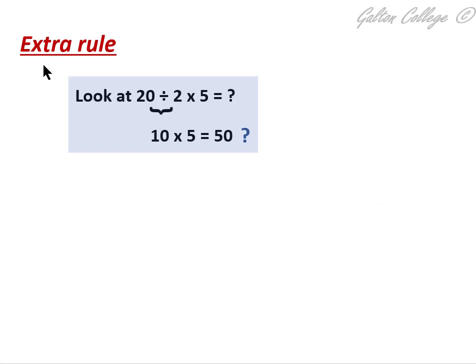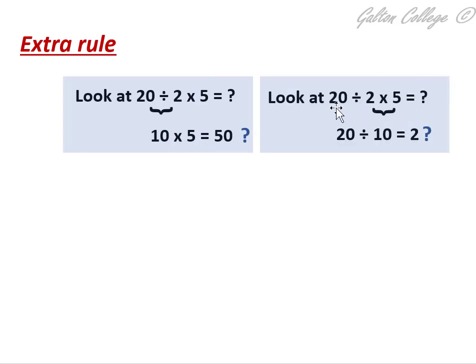Now we have an extra rule. The extra rule, look at this one here. 20 divided by 2 multiplied by 5. Okay, so 20 divided by 2 is 10. 10 multiplied by 5 is 50.